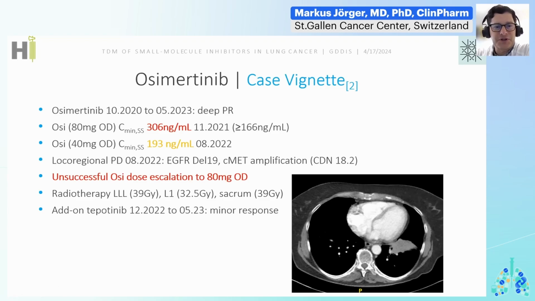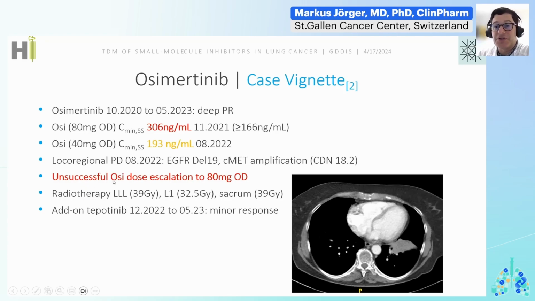We reduced to 40. The patient was still moderately above the target range. Then she developed a PD after an average okay time for osimertinib. We first took a rebiopsy as we usually would. We detected the c-MET amplification.